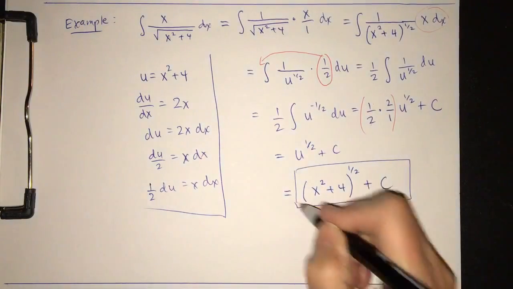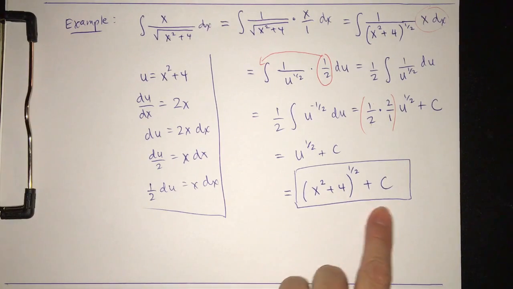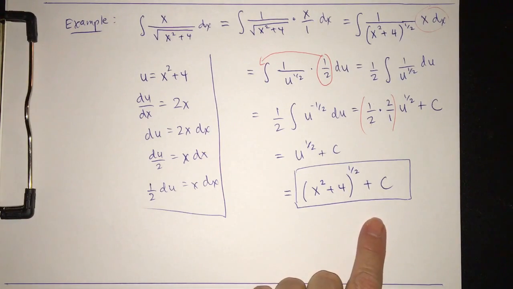So this problem, although I could have done trig substitution, and if I did trig substitution, I should get this exact same answer. So, although I could have done it that way, it really was just a U substitution problem. So that's something that you should watch for.